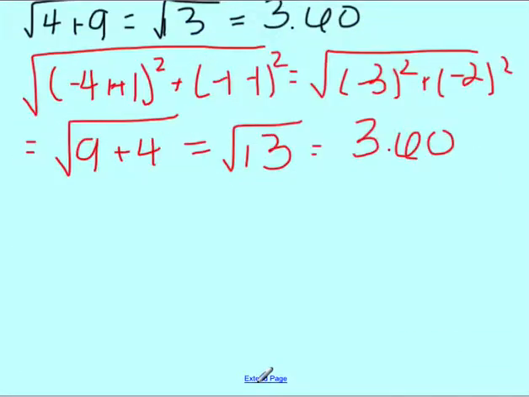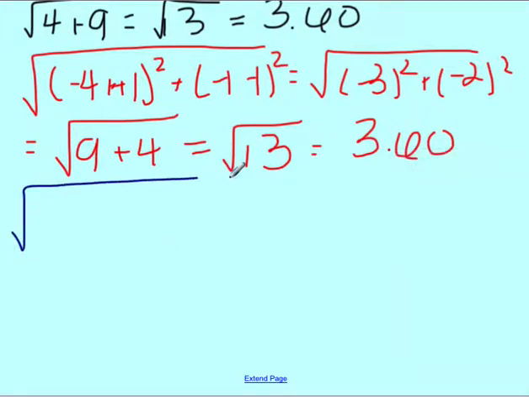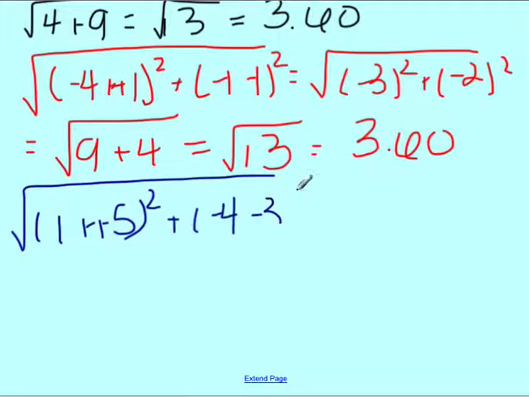Now I'm going to calculate the distance between P and R. To calculate the distance between P and R, x2 minus x1 is going to become plus the positive, y2 minus y1.